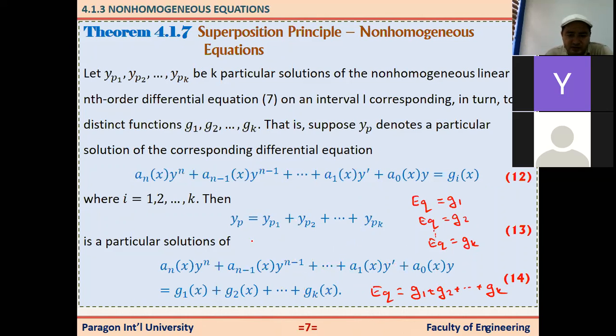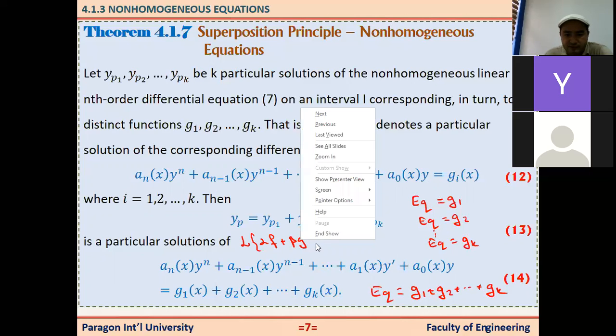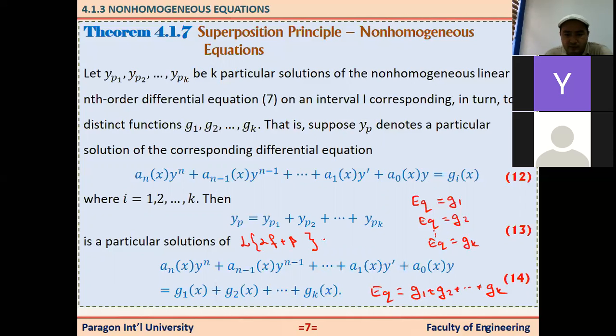And if you remember this differential operator, this L, here we have L of alpha times f plus beta times g, where alpha and beta are constant numbers, and f and g are two functions of x. So that's equal to alpha times the differential operator of f plus beta times the differential operator of g. Okay.